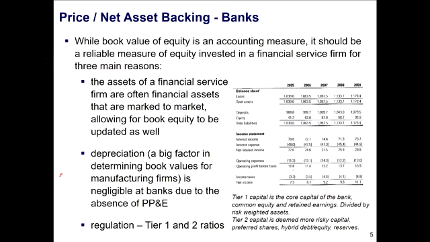Okay, I still have a few minutes. The price to book value ratio is another framework to help us understand how it can be useful. If we take a very long-term view of the company and we assume a mature industry, a mature company, there will be a constant growth rate of its dividends.